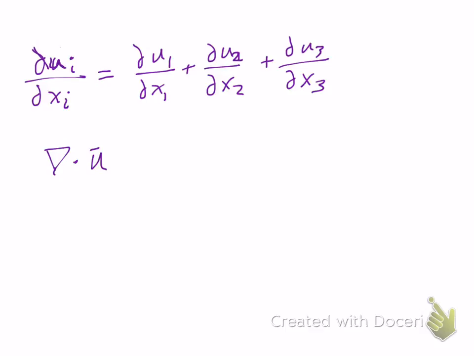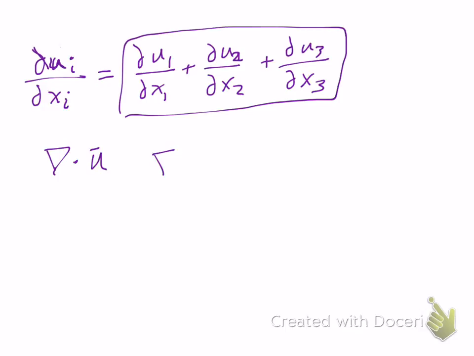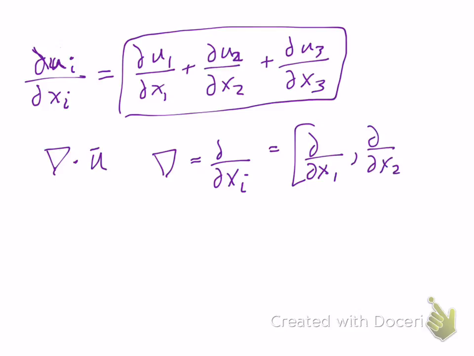Does this look familiar? This is just the divergence. And so this symbol that you probably all remember from your vector calculus is really just d by dx1, d by dx2, d by dx3.